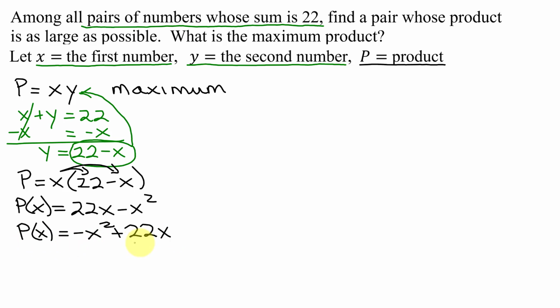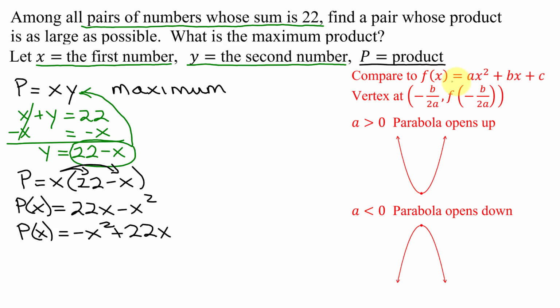Now I want to compare my function to f of x equals ax squared plus bx plus c. Remember, the x-coordinate of the vertex is at negative b over 2a. If a is positive, the parabola is going to open up and look like this. If a is negative, the parabola is going to open down and look like this.